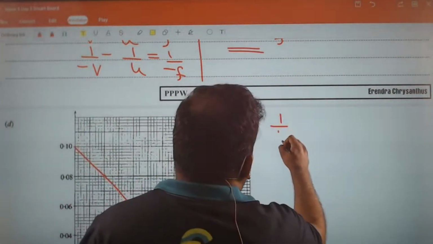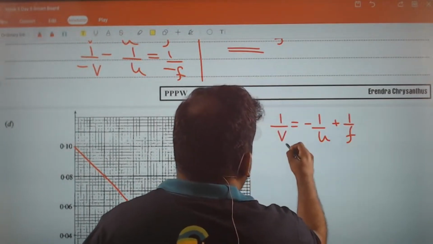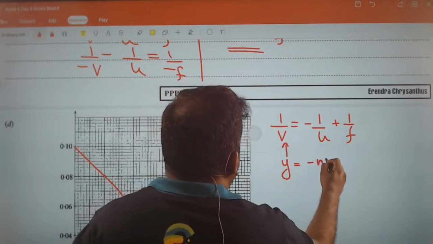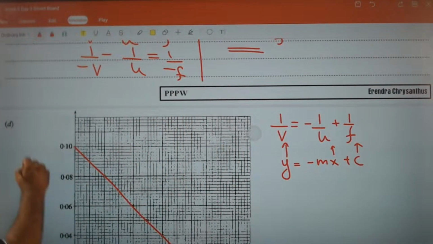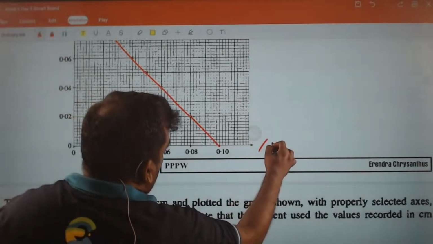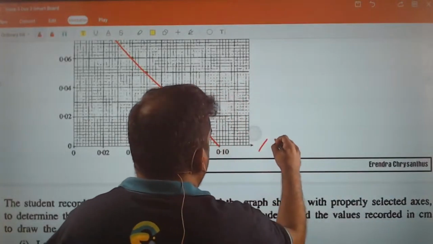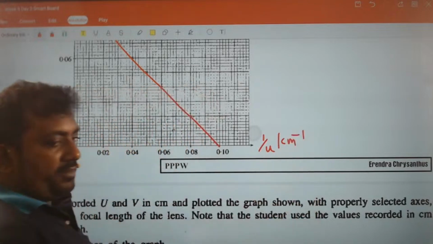Now 1 over v minus 1 over u is equal to 1 over f. y is equal to minus mx plus c. So your y-axis is 1 over v per centimeter. If you don't name the axes, you won't get marks. Here, 1 over u per centimeter.